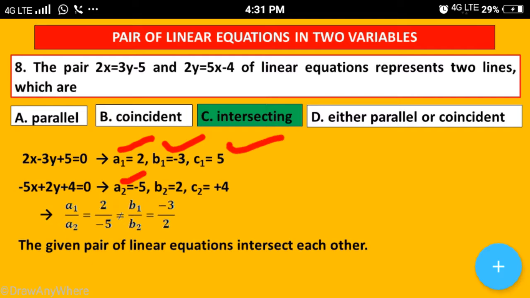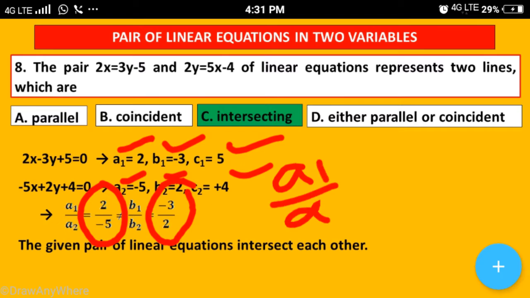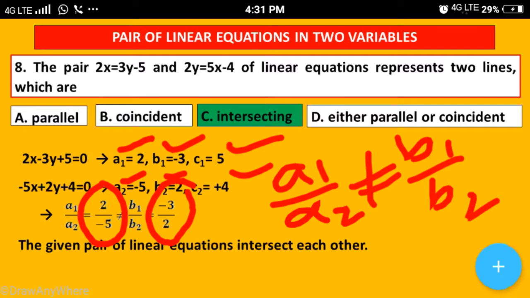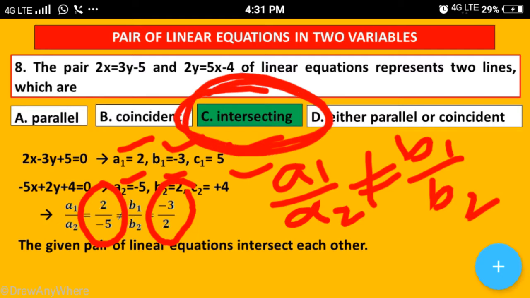Similarly a2 is minus 5, b2 is 2 and c2 is 4. So here a1 by a2 and b1 by b2 are not equal. a1 by a2 is 2 by minus 5 and b1 by b2 is minus 3 by 2, and therefore a1 by a2 is not equal to b1 by b2. Therefore the lines are intersecting. Option C is the correct answer.